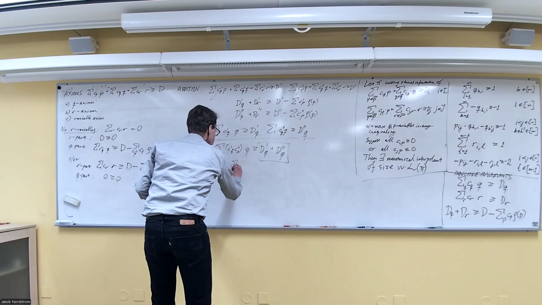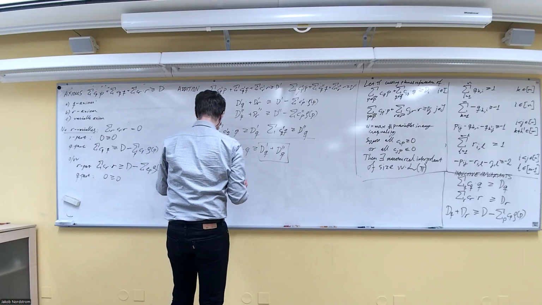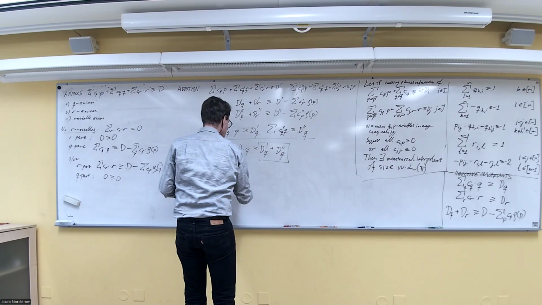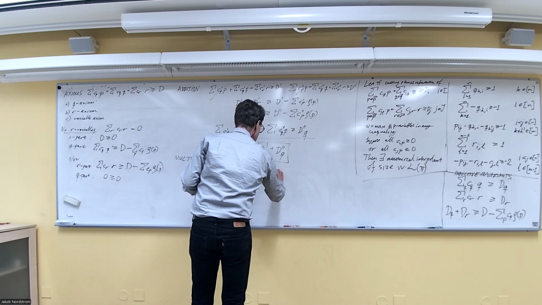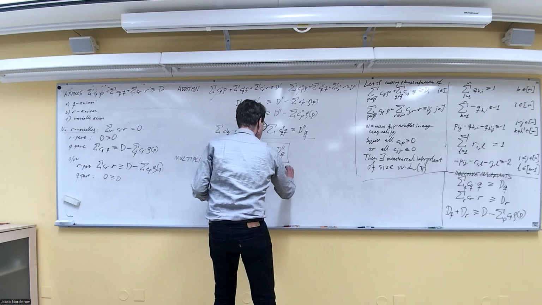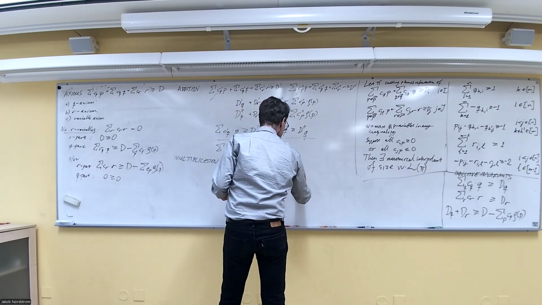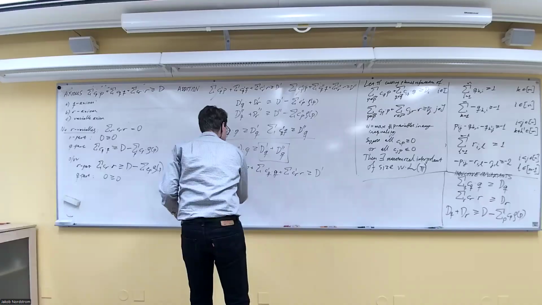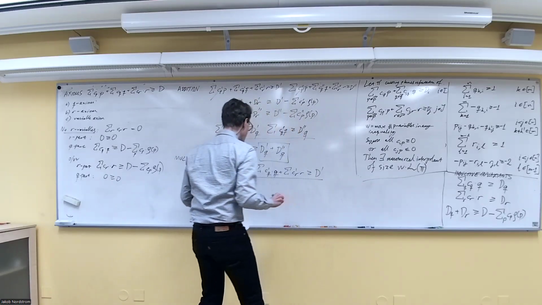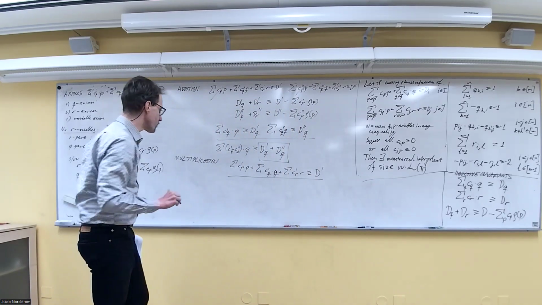So again, we have, say, c prime p times p plus c prime q times q plus c prime r times r greater or equal d prime. And let's suppose we now multiply by lambda, because the c's are kind of occupied today.